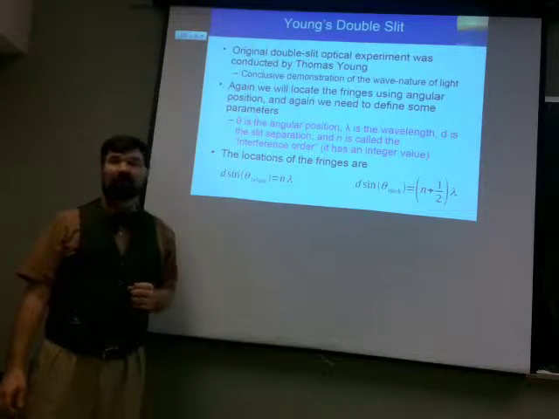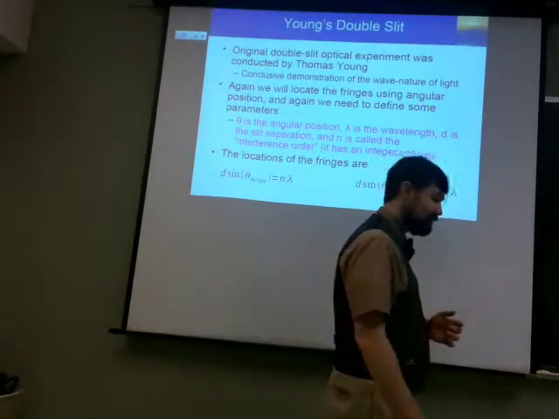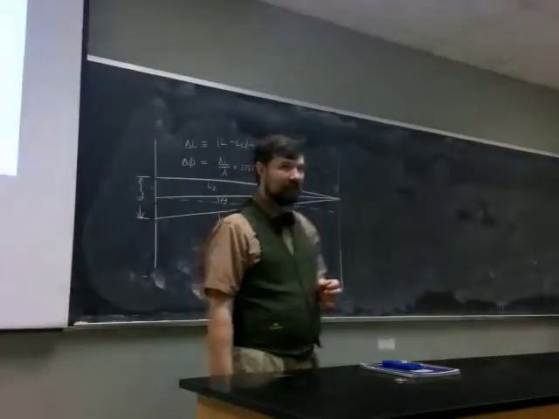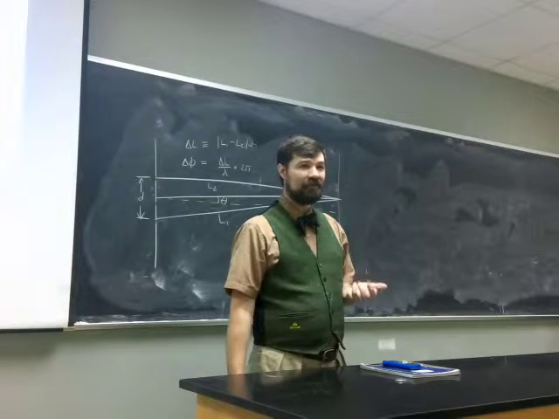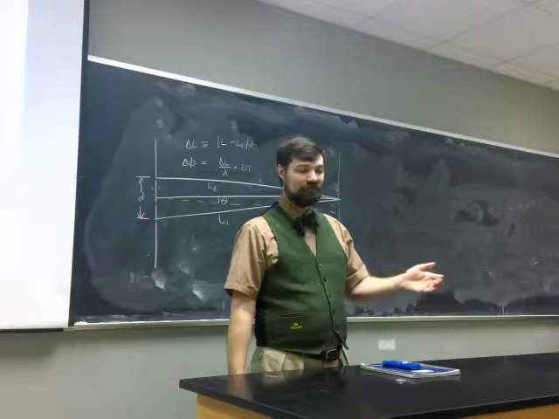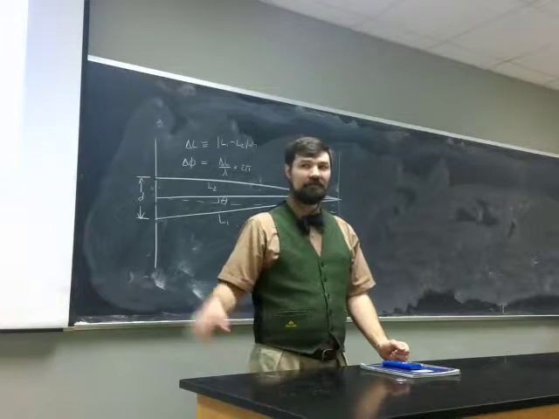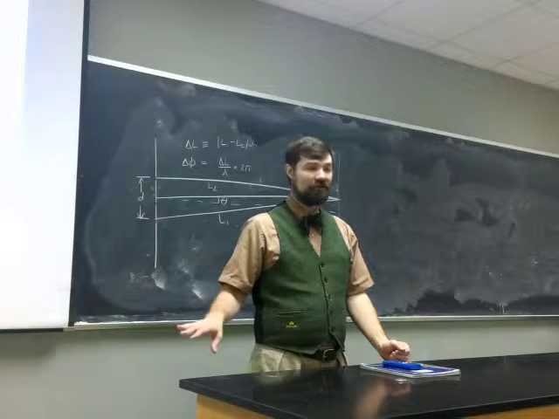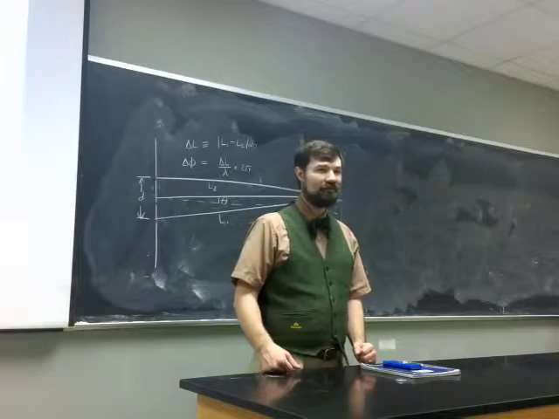N is what we call the order. Now the difference is that with the diffraction pattern, m had to be a non-zero integer. It was 1, 2, 3, minus 1, minus 2, minus 3. Here, you're allowed to also have 0. N equals 0 is a bright fringe.